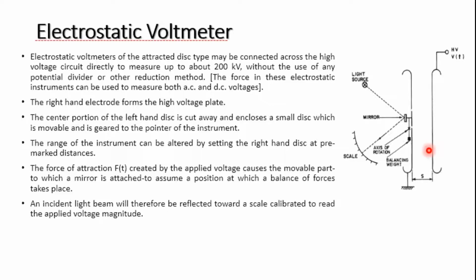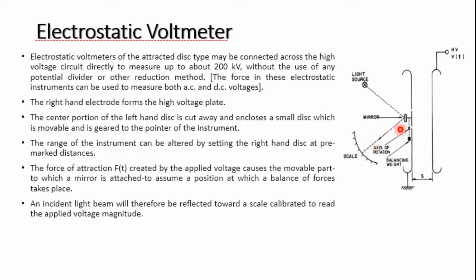The force of attraction created by the applied voltage will cause the movable part, to which the mirror is attached, to move to some position at which the balance of the force takes place. Therefore, the incident light beam will be reflected towards a scale calibrated to read the applied voltage.